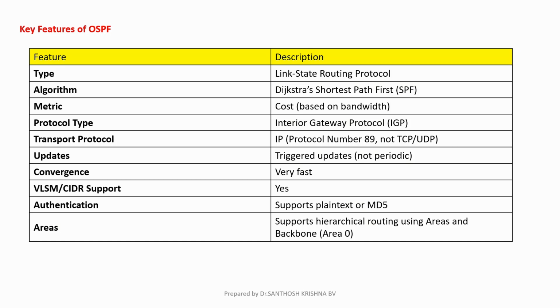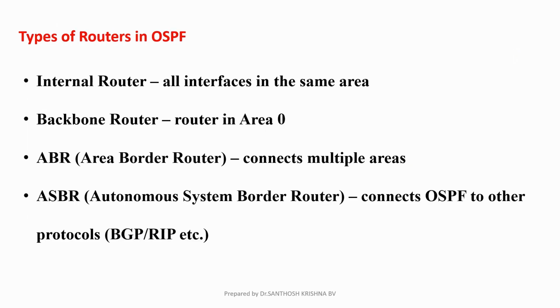We'll talk more about these areas, which is a very interesting concept. We have various types of routers. The internal router is one where all the interfaces are in the same area, and we have the backbone router. The router which is sitting in area 0 is called the backbone router.